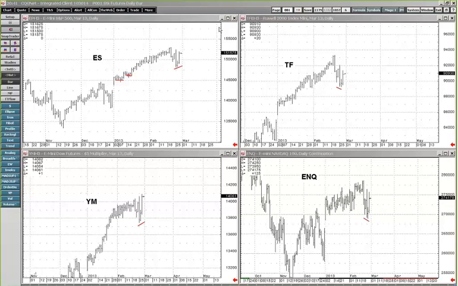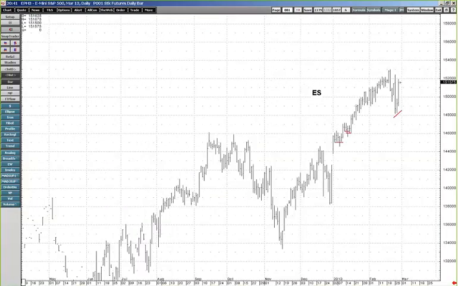And the reality is, guys, balance areas are ubiquitous because you have this auction process that is in effect in all degrees of time all the time.